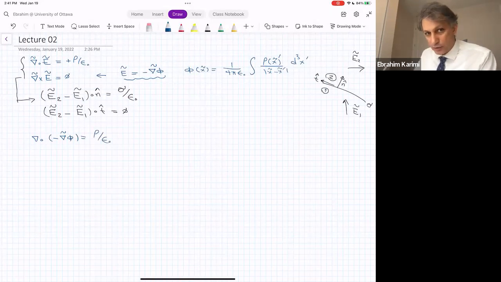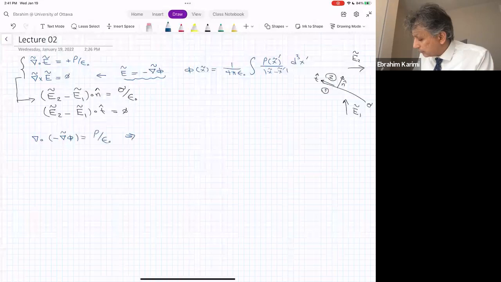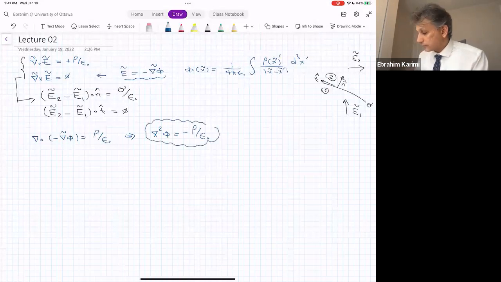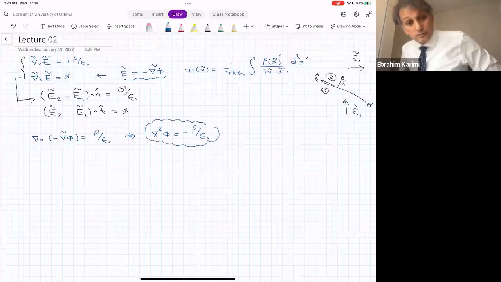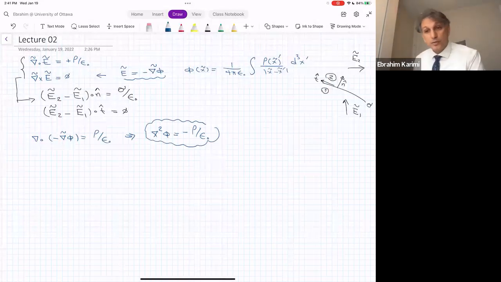The first equation was a plus sign, by the way. And here we got that the Laplacian of phi is equal to minus rho divided by epsilon naught. That was the Poisson equation.